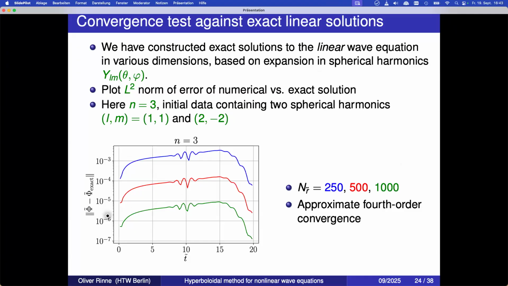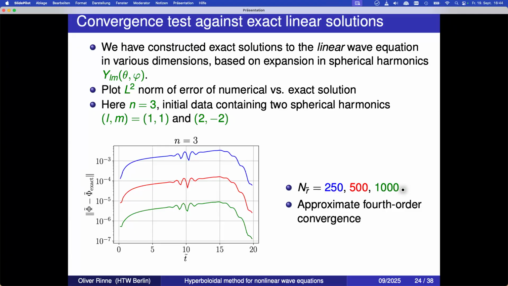Here in this plot, I show you the difference between the exact solution and the numerical solution. I take the L2 norm of this error as a function of time, t tilde, and here you can see curves for different numerical resolutions. I take nr tilde to be 250, 500, and 1000.